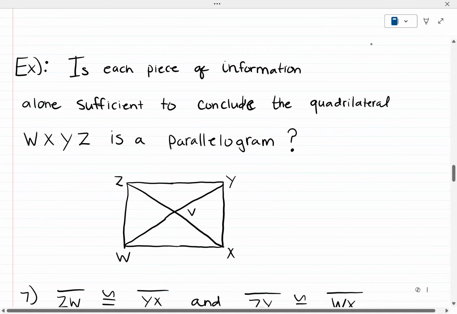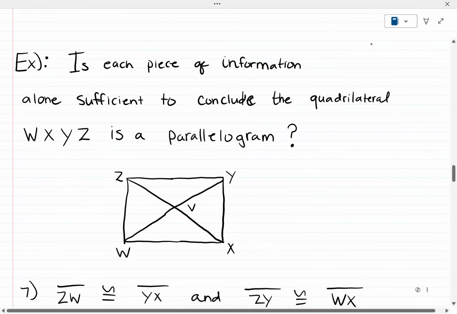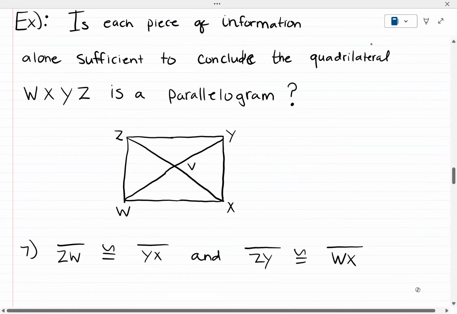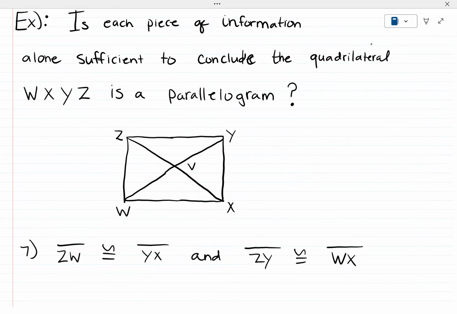Okay, let's look at this example. This question says, is each piece of information alone sufficient to conclude that quadrilateral WXYZ is a parallelogram? And here you have this quadrilateral.